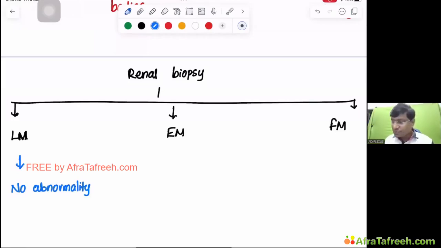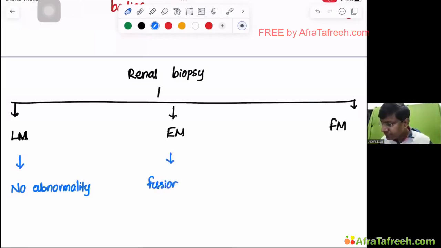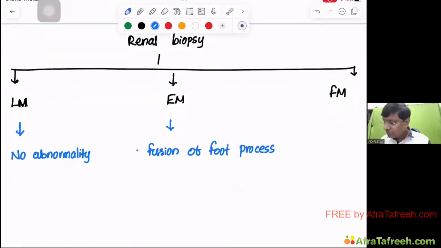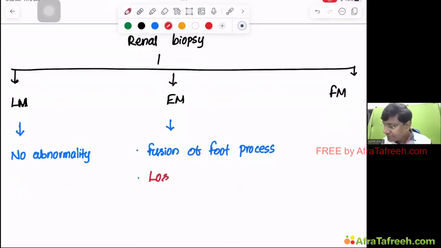But in electron microscopy, you will notice that there is fusion of the foot processes. And why does this fusion of the foot processes occur? It is mainly because of loss of basement membrane polyanion.